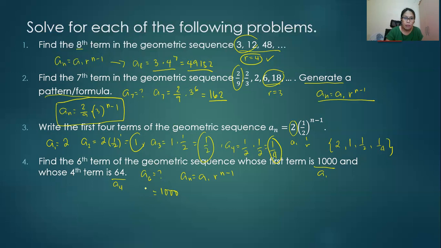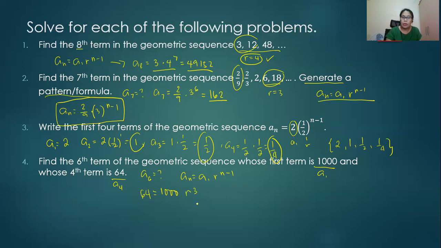So it must be 64. The first term is 1,000. We do not know r. Since we have substituted a sub 4 for a sub n here, our n is equal to 4, and then minus 1. So this is r cubed.